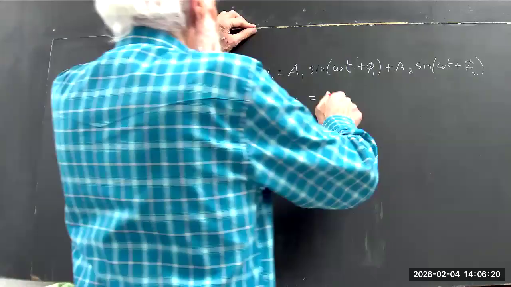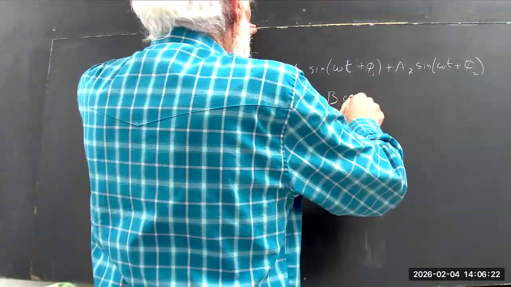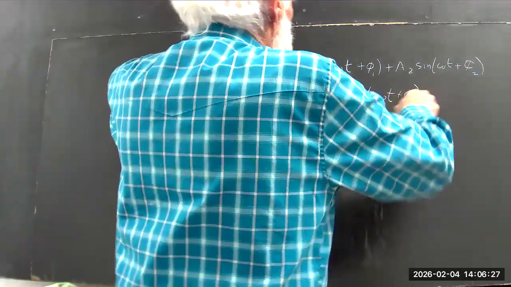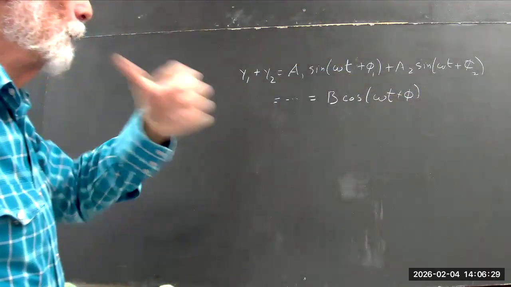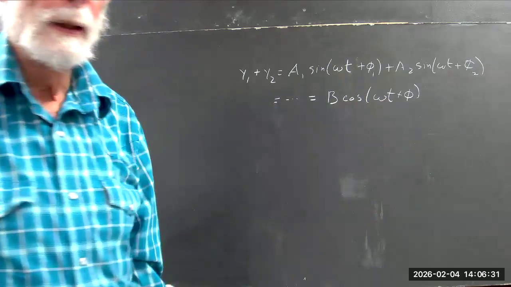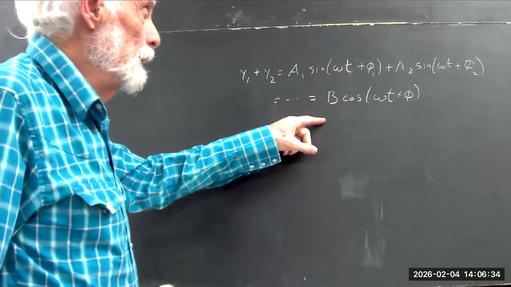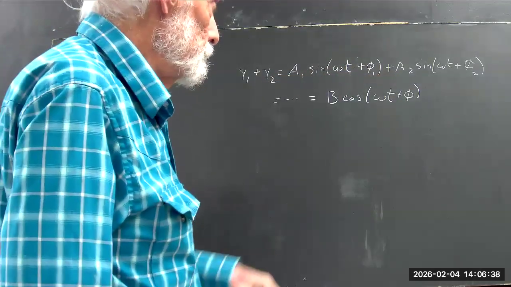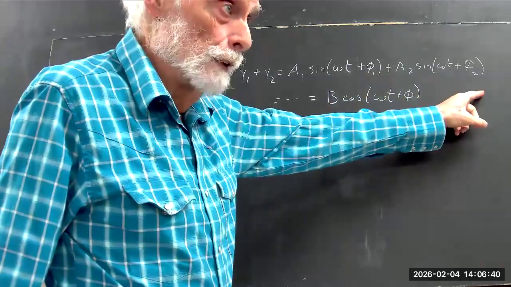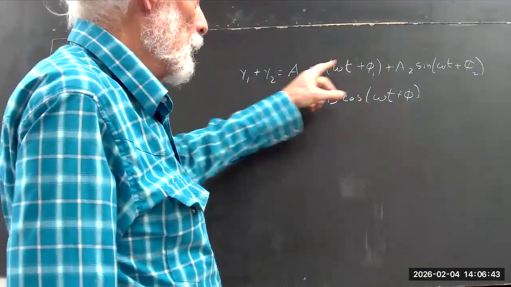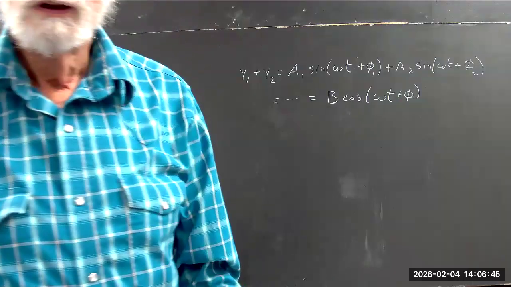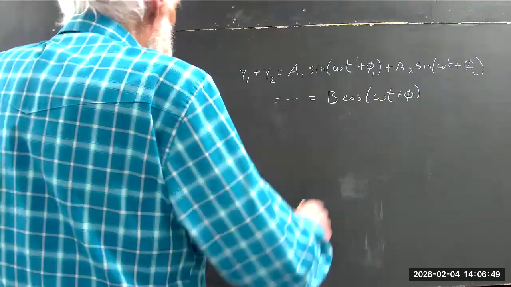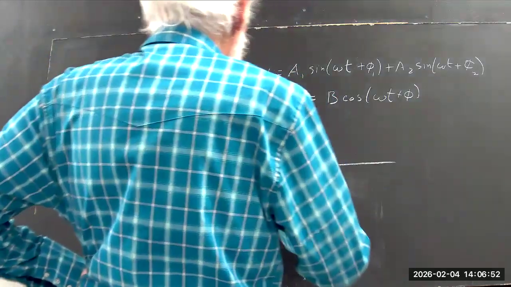But this equals B cosine of omega t plus phi, where B is a function of A1 and A2, and maybe phi 1 and phi 2. And the phi is some combination related to phi 1 and phi 2. Okay. And a picture of that is pretty easy to draw.